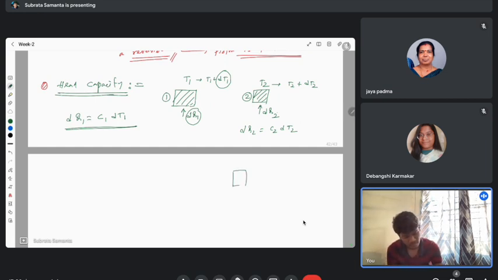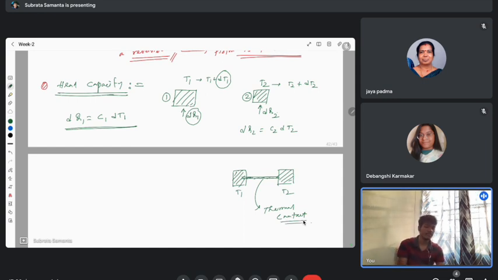So that means your system 1 is in thermal contact with system 2. What happens when we put these two systems in thermal contact?